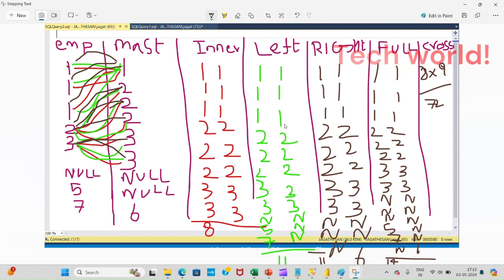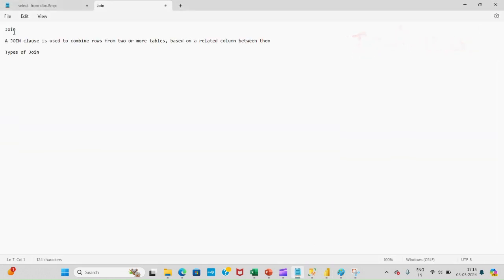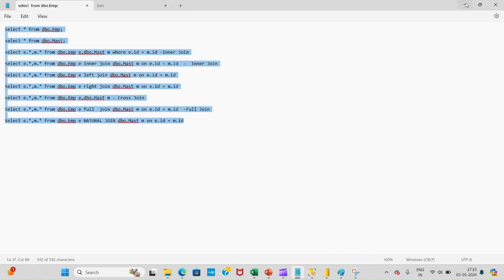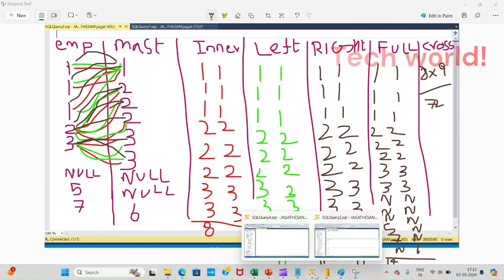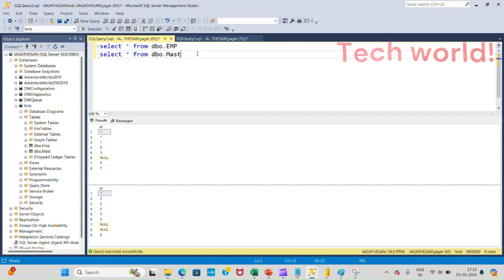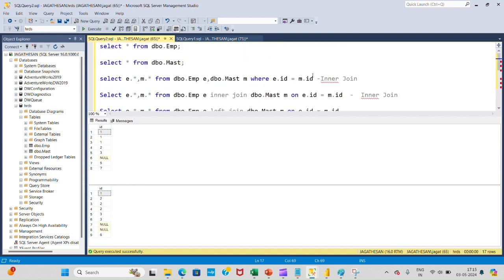Let's check the output in SQL Management Studio. So I have prepared the values. Now I'm executing inner join.